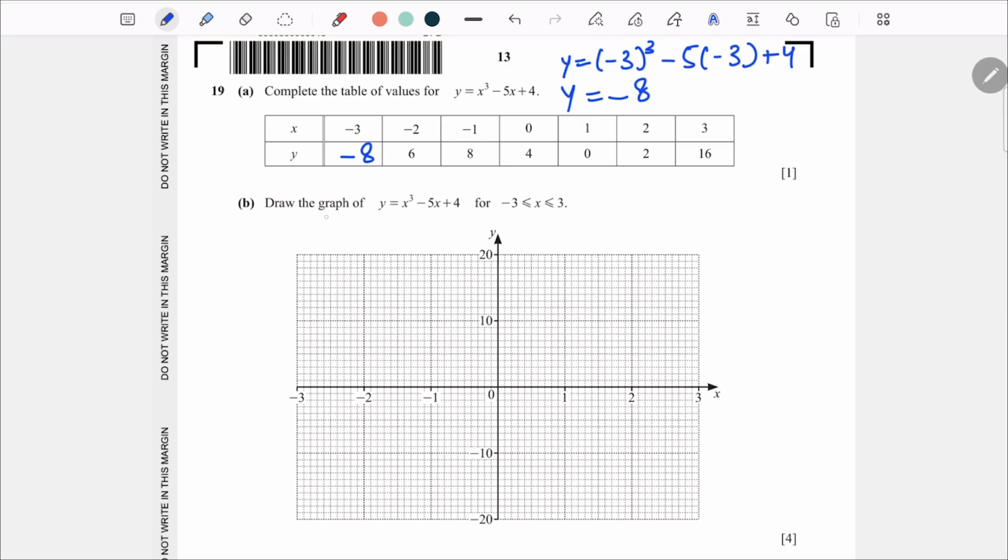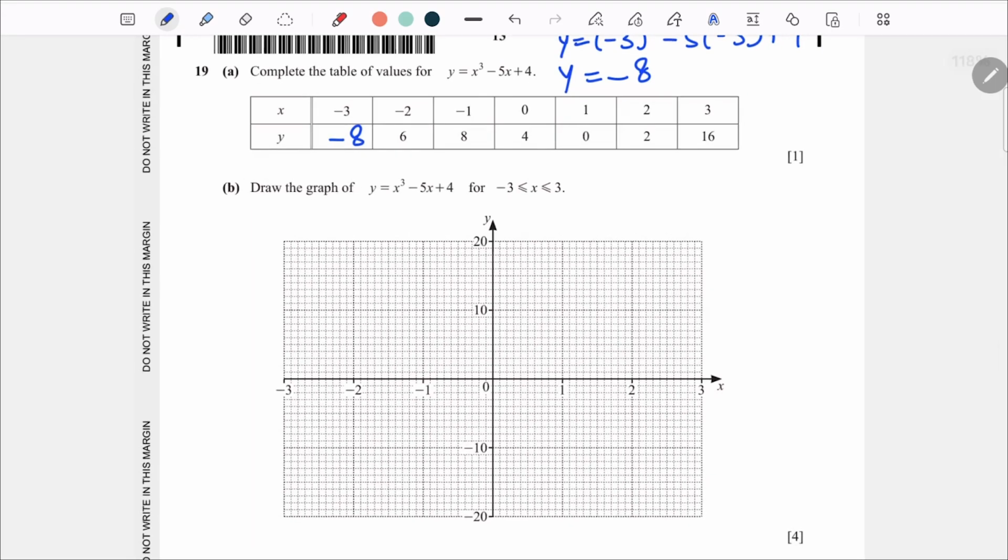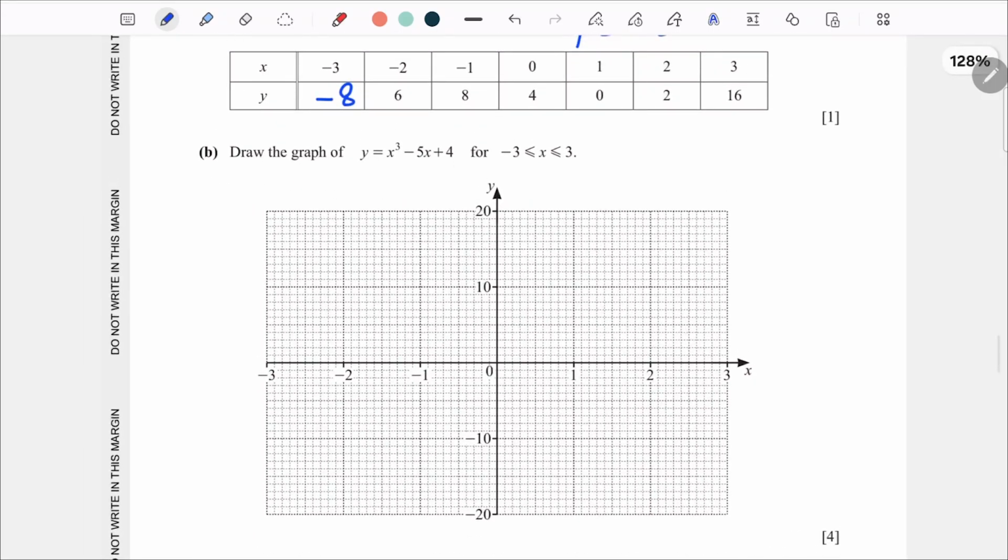In part B, we have to draw the graph for values between minus 3 and 3. So using the table, we'll just plot all the values. The first value is minus 3 and minus 8. So one small box on the y-axis will be equal to 1. So minus 3 and minus 8 will be here.